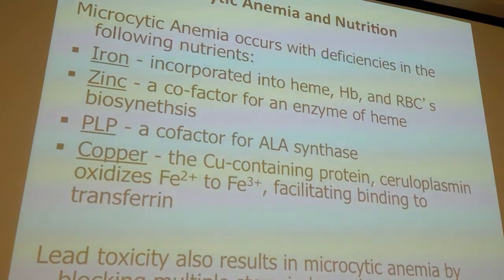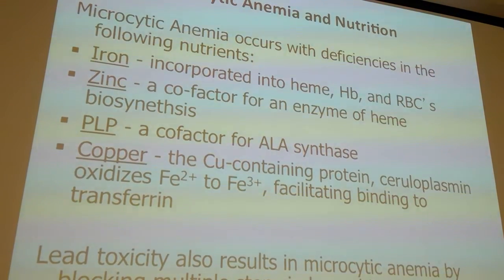Copper is required for ceruloplasmin, which is the enzyme that oxidizes ferrous iron to ferric iron, facilitating binding to transferrin. So you'll also get reduced delivery of iron to tissues and reduced hemoglobin production in this microcytic anemia. Any of these can cause microcytic anemia. Same with lead toxicity.